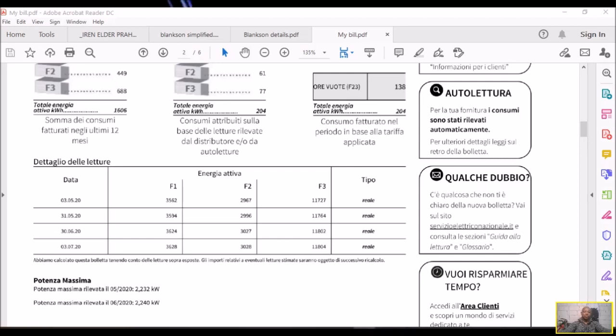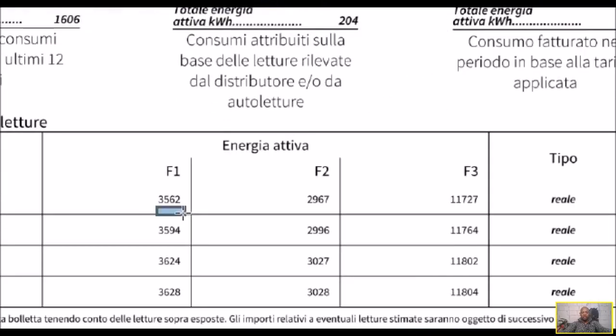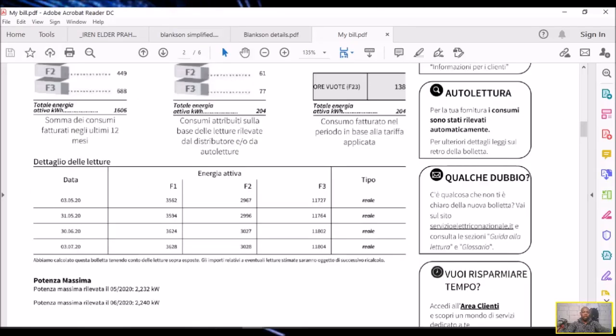From the last readings, this is what they measured. They measured 3562 from the last readings, and as at 31st May 2020 they measured 3594, and June 30th they measured 3624, and at 3rd July they measured 3628.